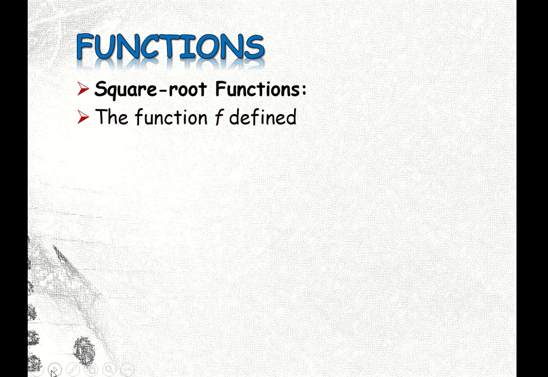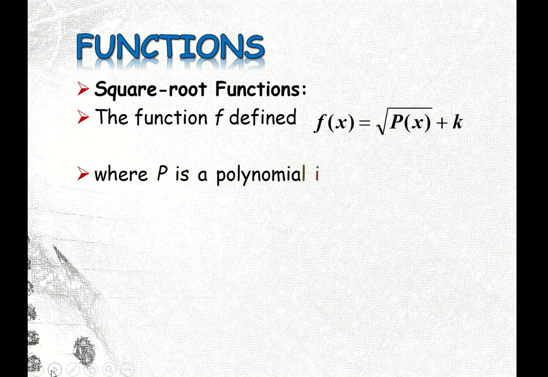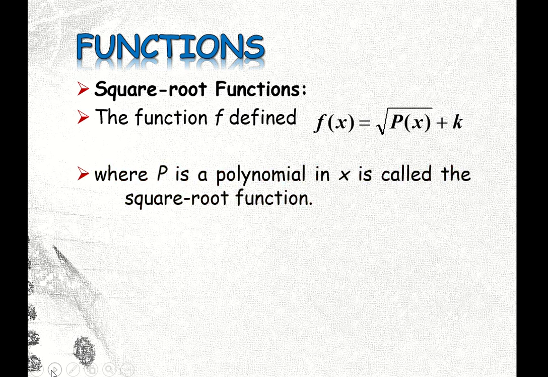The function f defined by this expression, f of x equal to the square root of p sub x plus k, where p is a polynomial in x, is called the square root function.